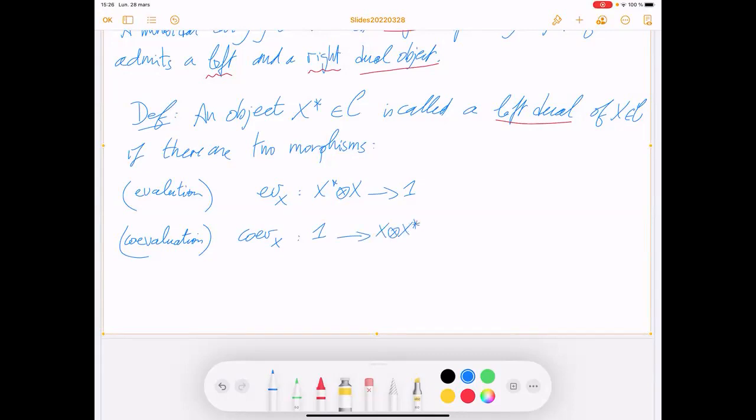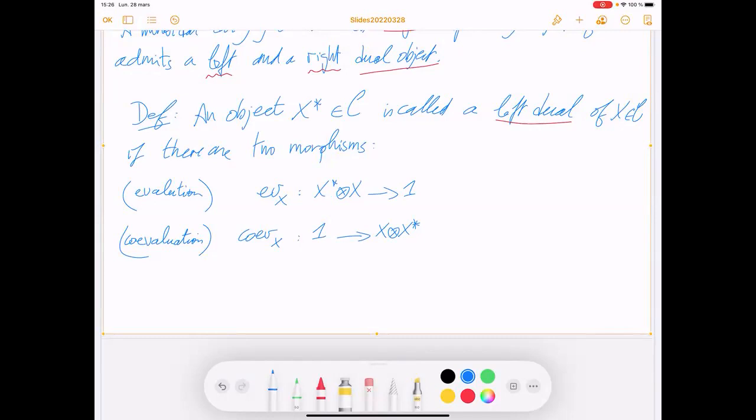So there is a way to represent this morphism by picture. These morphisms should satisfy some properties.